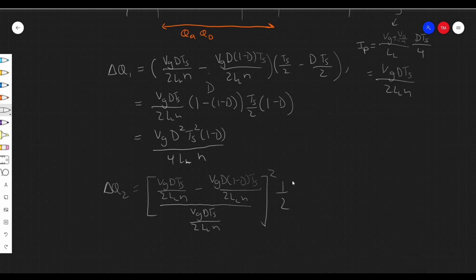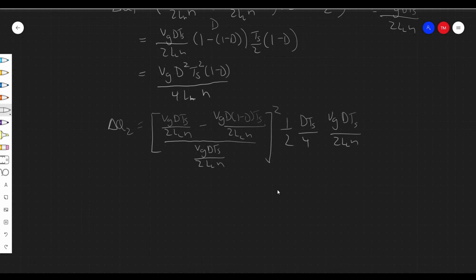And then we have half phi over 2, which is, again, dTs over 4, times I peak, right? Which is Vg dTs over 2Ln. So we can cancel a whole bunch of stuff here, right? So we can cancel this out, this, and then that common term is also in here. So what we end up getting is 1 minus d all over 1, and this is squared.